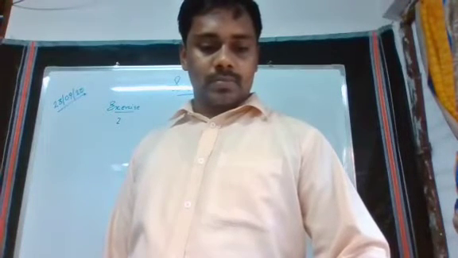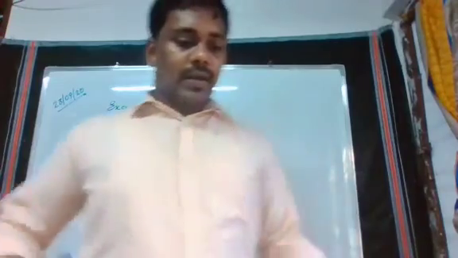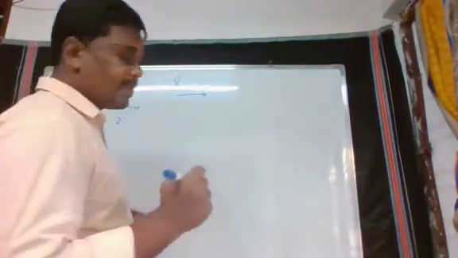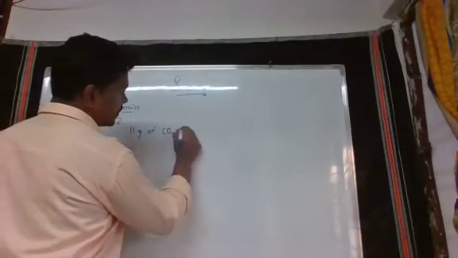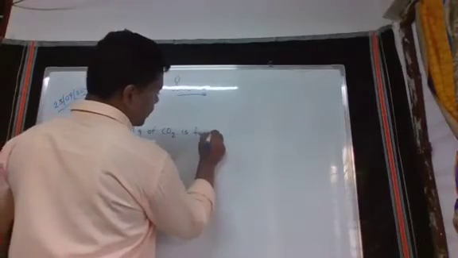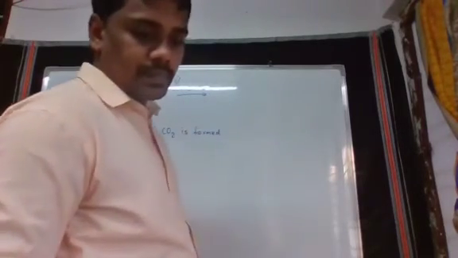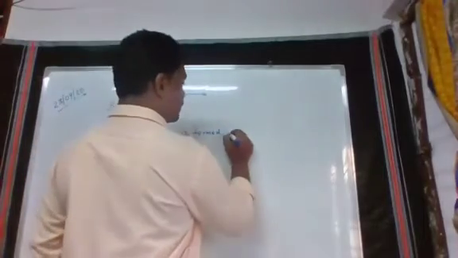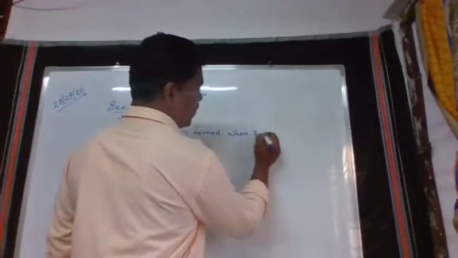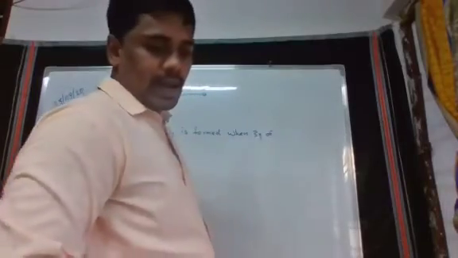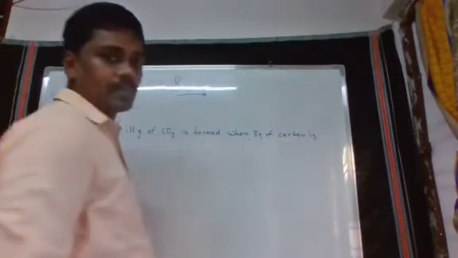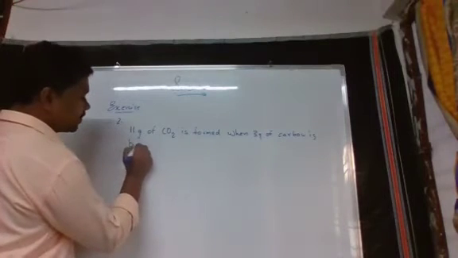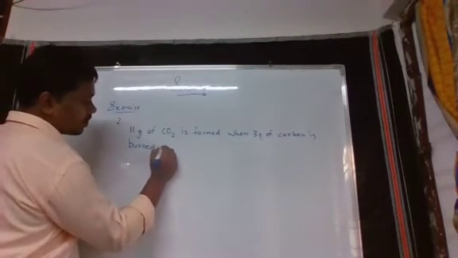11 grams of carbon dioxide is formed when 3 grams of carbon is burned in 8 grams of oxygen.